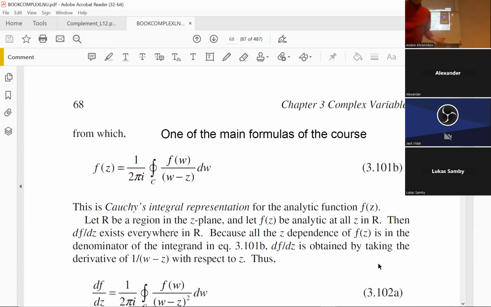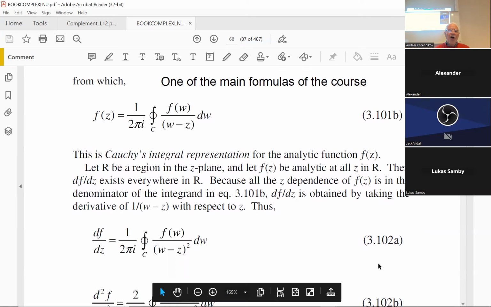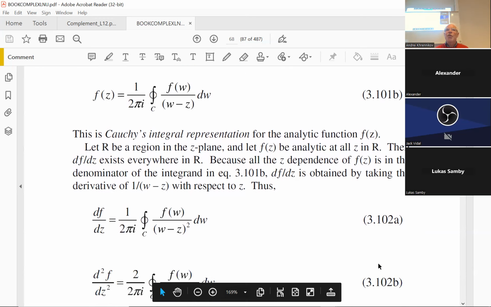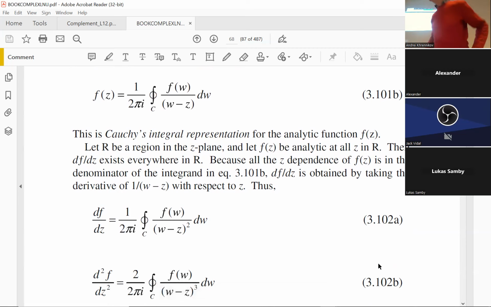Then we can, after a break in 1 minute, differentiate this formula. You see that z is a parameter, and if we differentiate with respect to z, we get this formula. Minus from here and minus from the denominator.